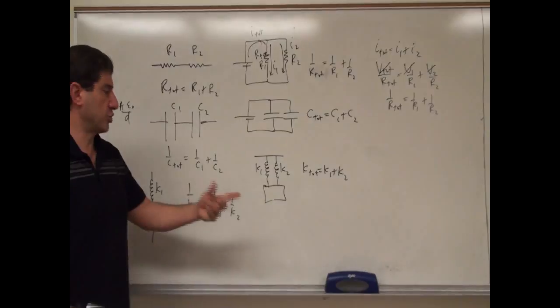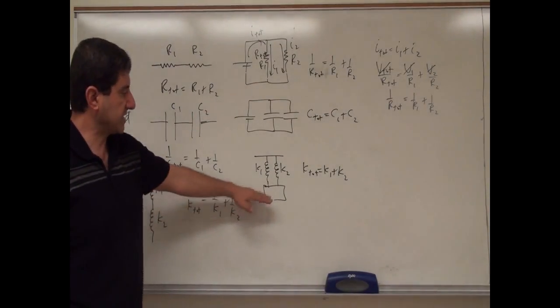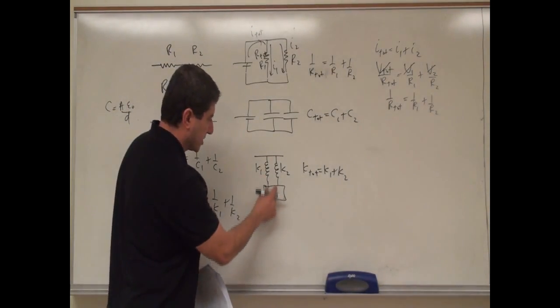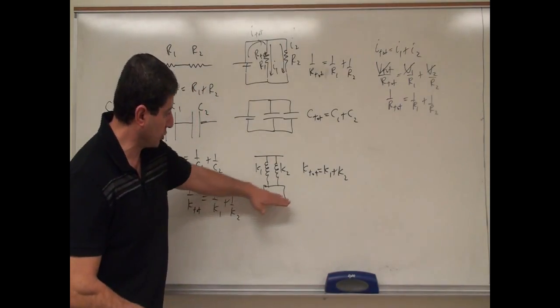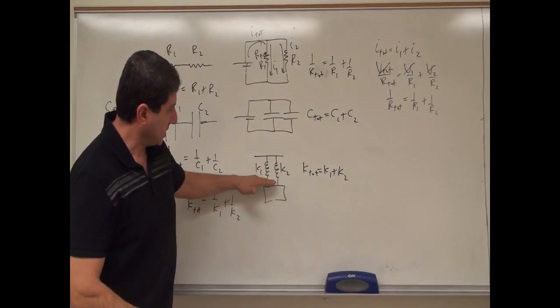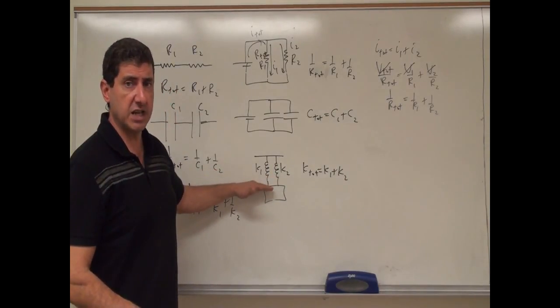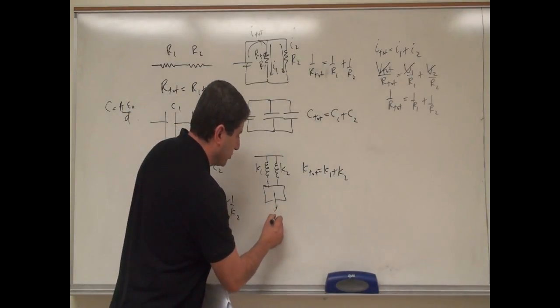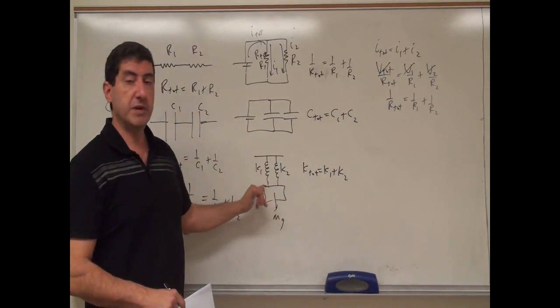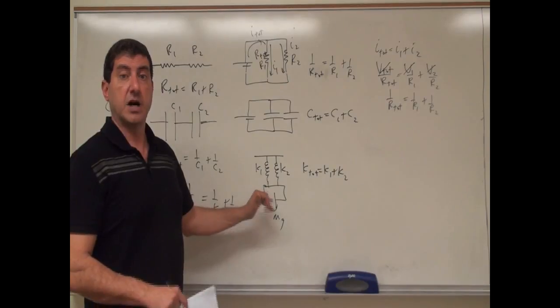Just to practice, we can also practice the springs. So what adds up and what's the same? Well, the force on each spring adds up, but the displacements are the same. As this mass goes down, each spring displaces the same amount, but the weight, mg, is distributed among the two springs unequally.